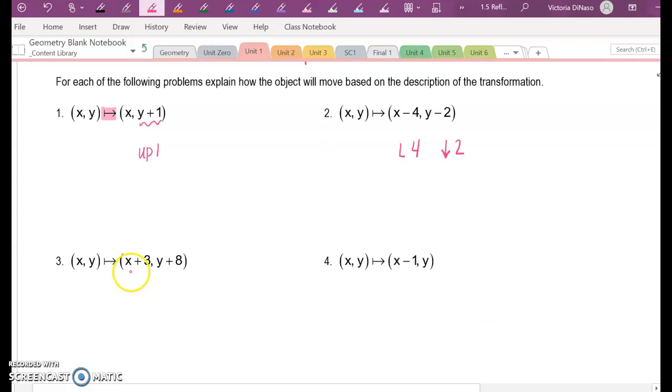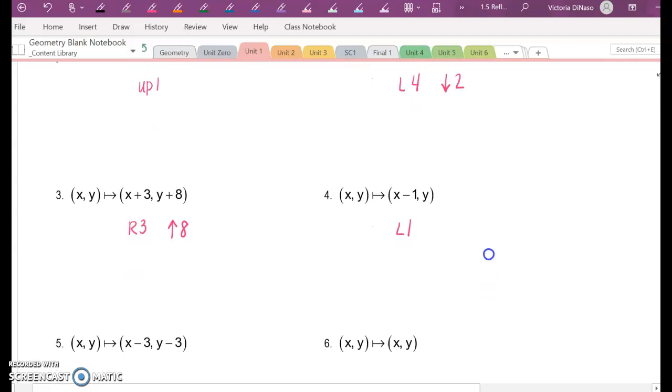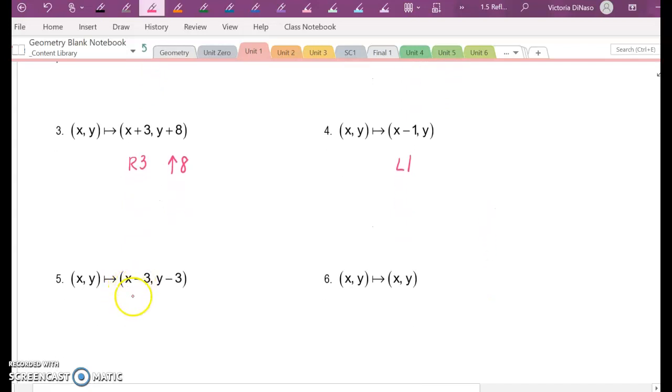For the next one, x plus 3, we're going to the right 3. Y plus 8 means that we're going up 8. X minus 1, left 1. Y, we're not moving anywhere. The next one, we have x minus 3, which means we're moving left 3, and down 3 also. And then finally, there is no translation.